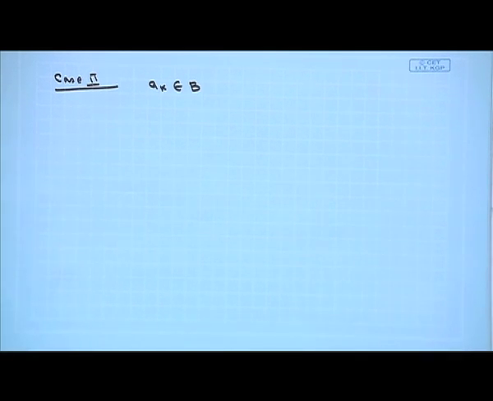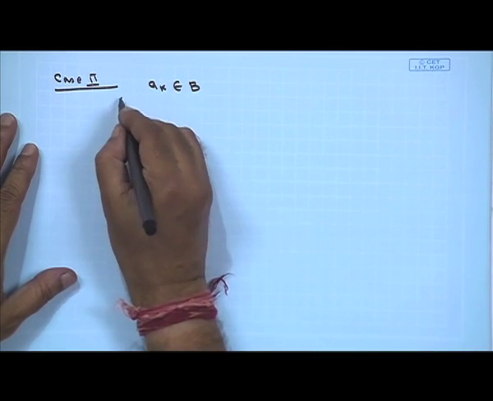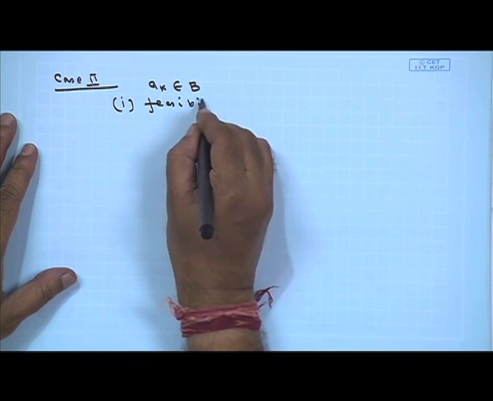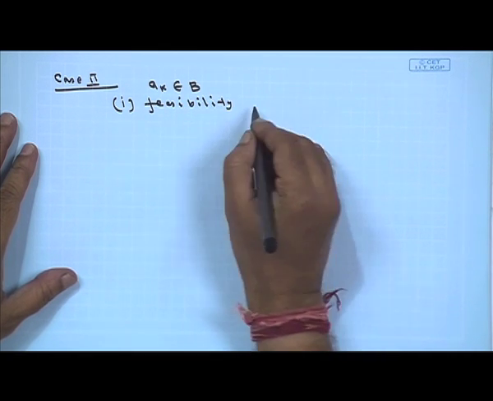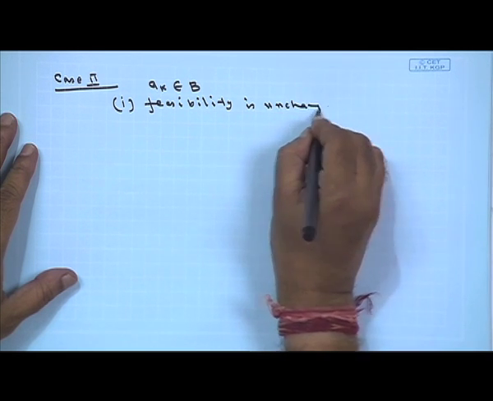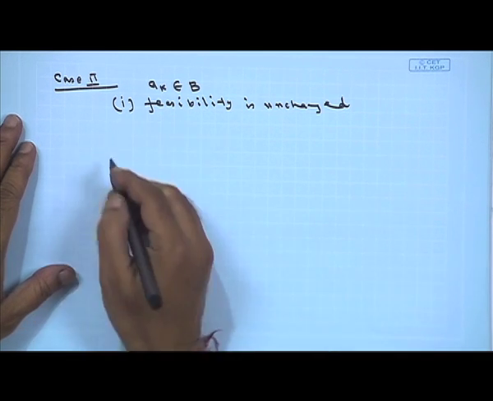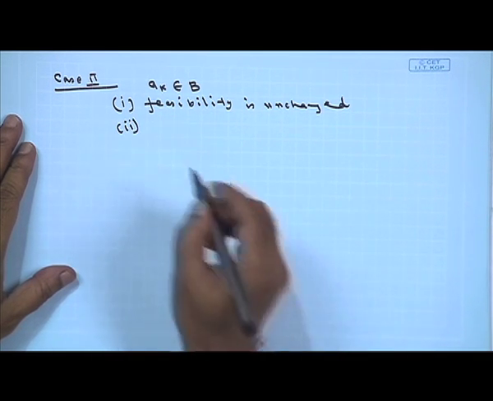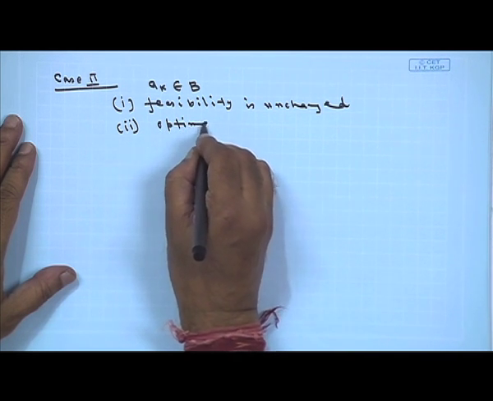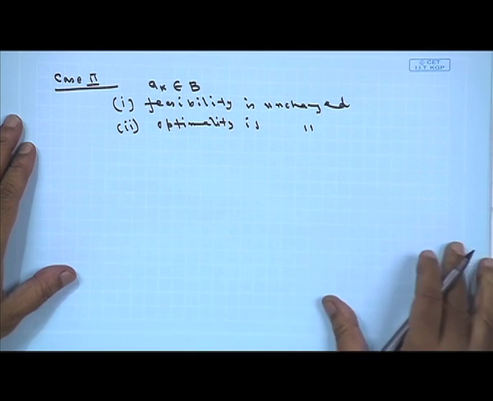So, two cases I may say: number 1, feasibility is unchanged, and number 2, the optimality is unchanged.